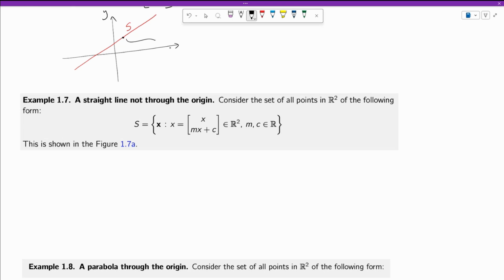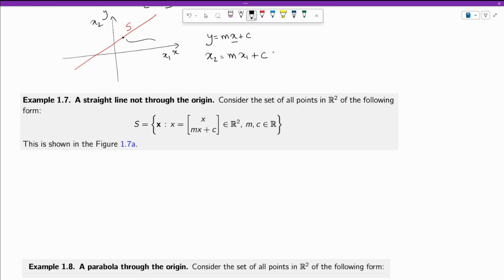If you call this y and this x, you know the equation for the line. That means if you have the x value, the y value is determined by the expression on the right hand side, which is m into x plus c. We don't use x and y, at least in this course. We call this x1, this x2, which essentially says x2 equals m times x1 plus c. I'm simply using different variables for the horizontal and the vertical axis.